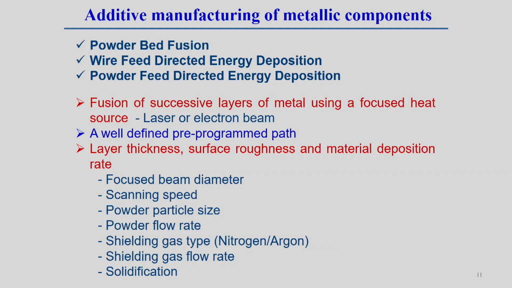Now, apart from this arc-based or welding-based technology, the development of different additive manufacturing processes has been going on. But for additive manufacturing of metallic components, what has been developed most precisely so far is powder bed fusion technology, and the other is wire feed directed energy deposition and powder feed directed energy deposition.